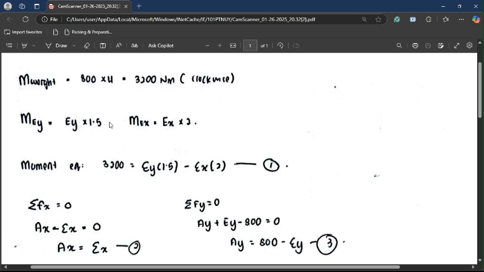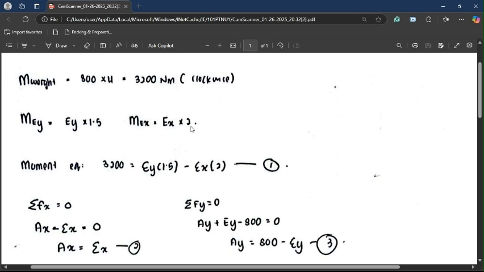So we can create an equation like this: M_Ey equals Ey times 1.5. And for the horizontal direction at E, which is Ex, we can see that M_Ex equals Ex times 2. Why 2?